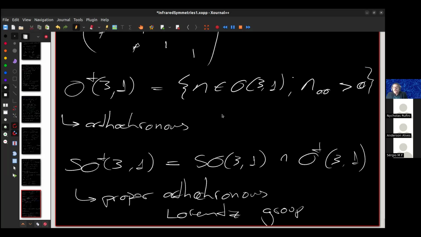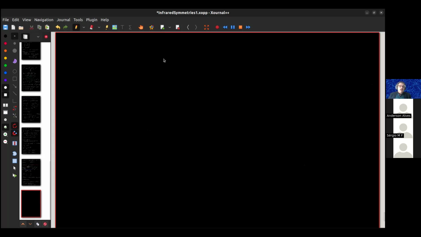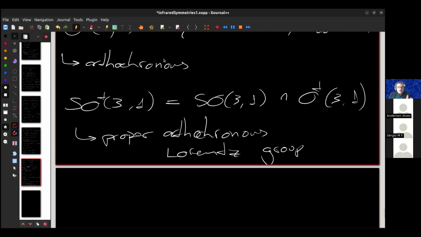And the reason is that if you want to include the other transformations, if you want to include reflections, if you want to include time reversals, you can do this later. We are interested mostly in the continuous structure of the group, not really in the discrete properties of reflections and time reversals. So we can focus on this particular guy, and we consider whatever else happens later.